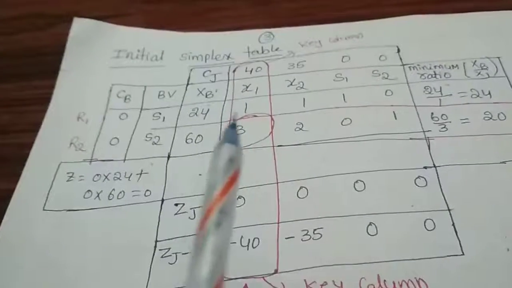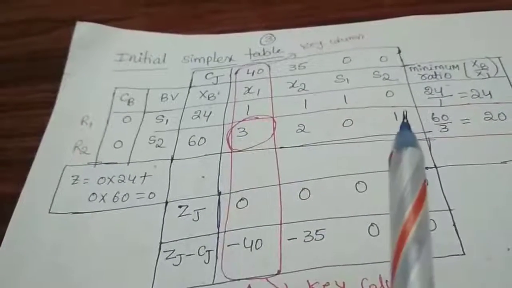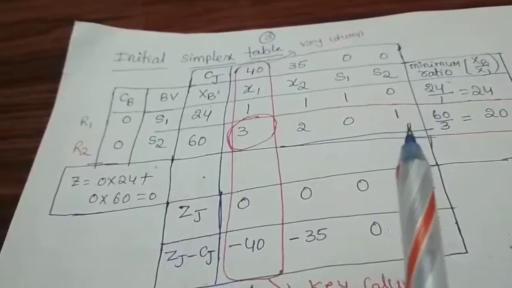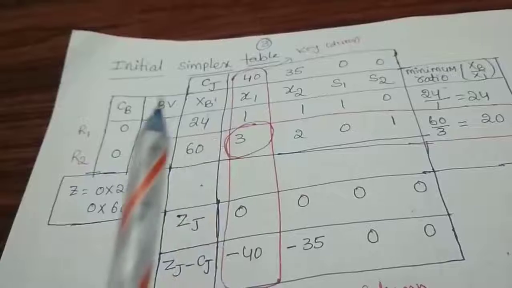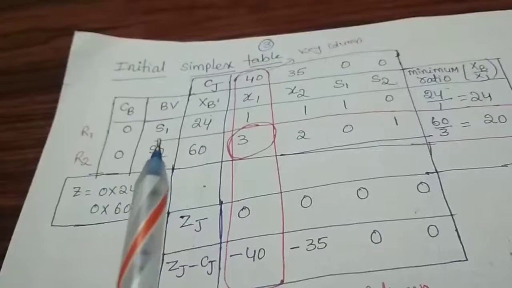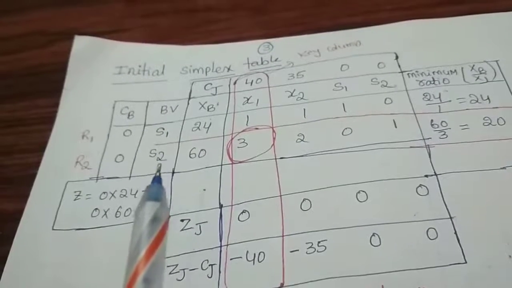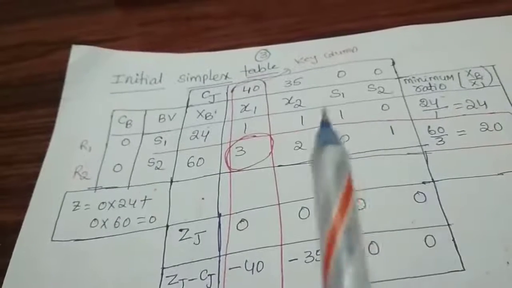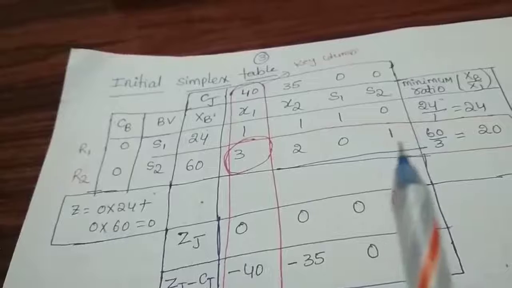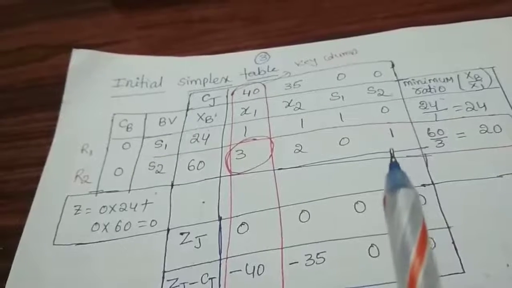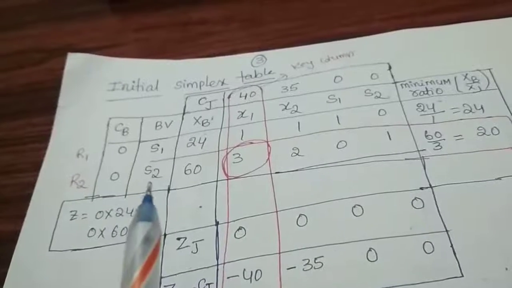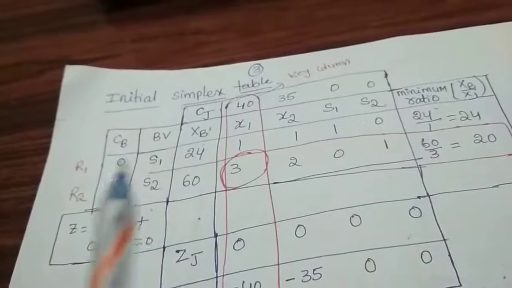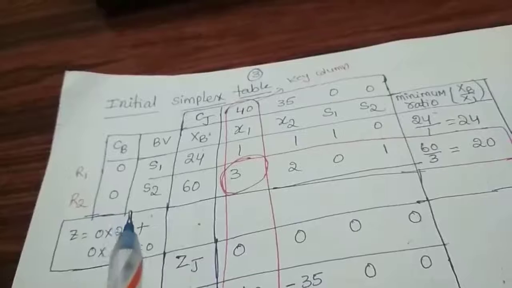First, under x1 to s2, we put the A matrix values already given. Coming to the basic variable, s1 and s2 are the basic variables. The one corresponding to s1 is the identity matrix 1 0, and the one corresponding to s2 is 0 1. Next we give the coefficient values: the s1 coefficient value is 0 and the s2 coefficient value is 0.